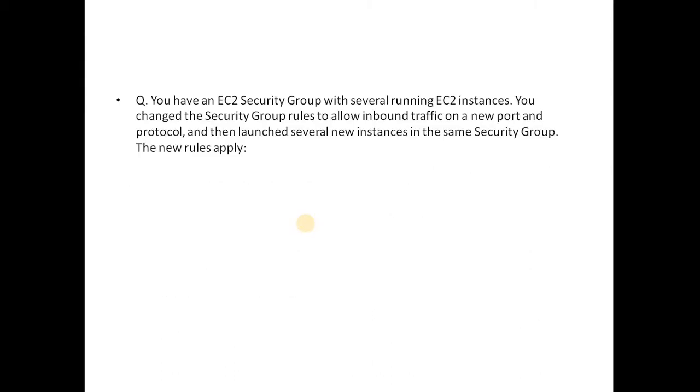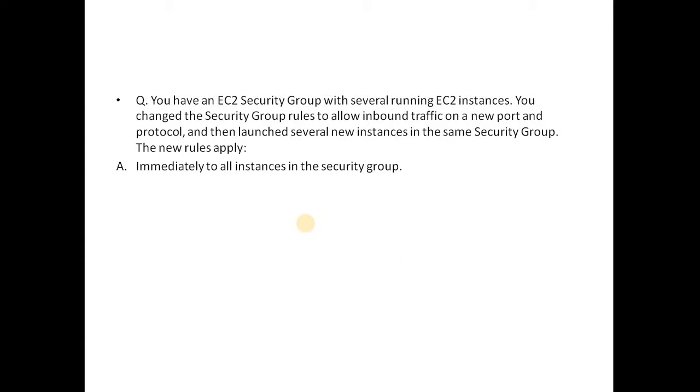Next one. You have an EC2 security group with several running EC2 instances. You changed the security group rules to allow inbound traffic on a new port and protocol, and then launched several new instances in the same security group. Then how are the rules applicable to the EC2 instances?